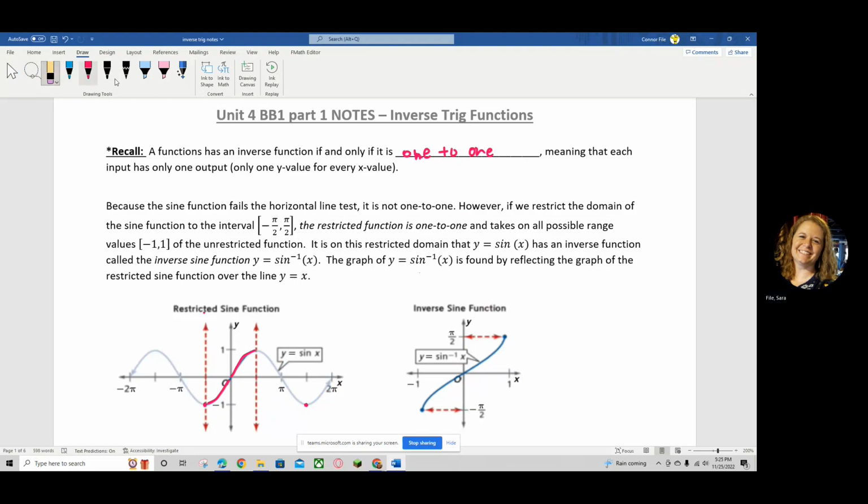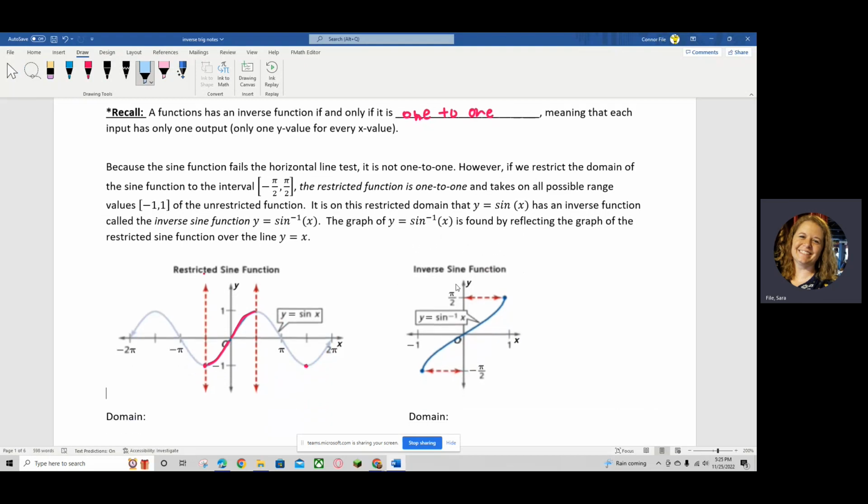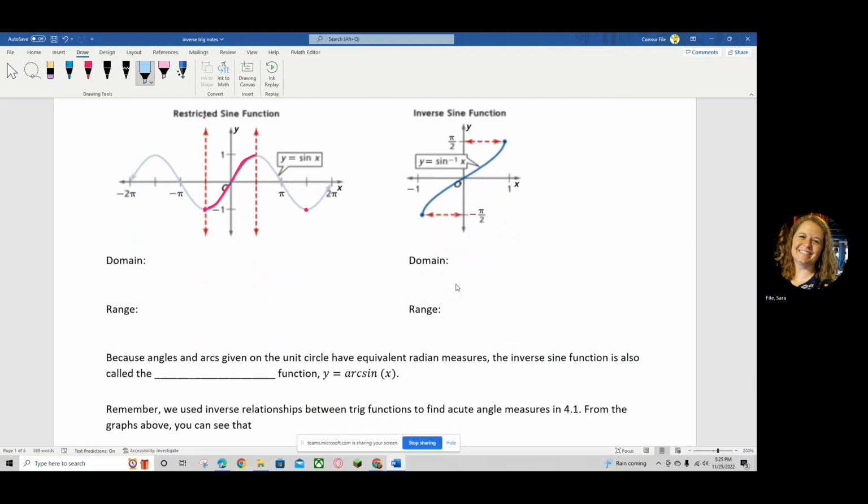Now, some terminology that's new: we've seen inverse written with the -1 power. That's how we've written all inverse functions. That's not new. So you can write inverse sine of x this way. It can also be written as arc sine of x. I thought that was up here in this paragraph, but now that I'm looking over it, I don't see it. Oh, it's down here that it talks about it.